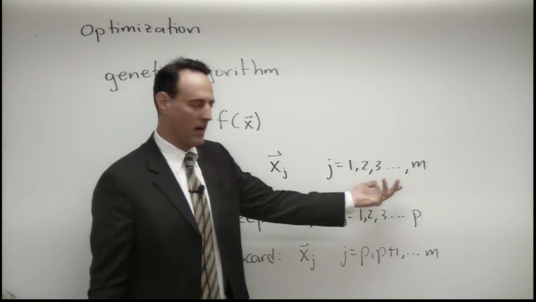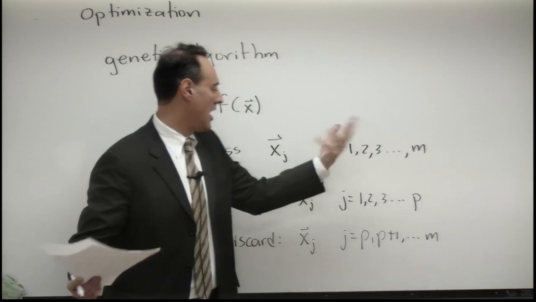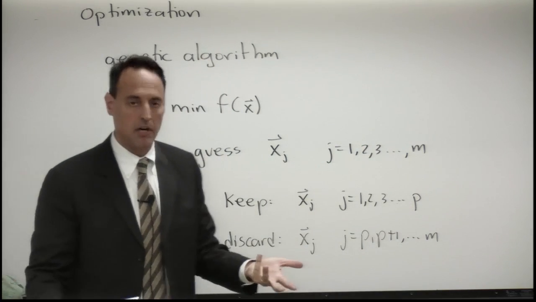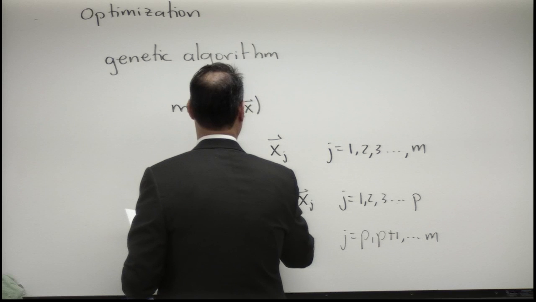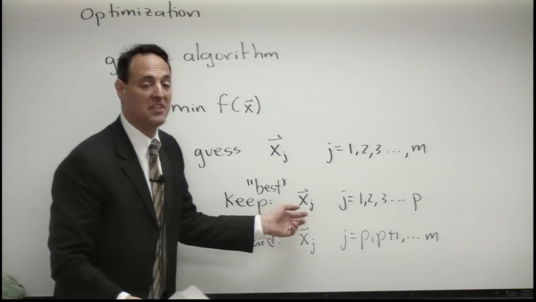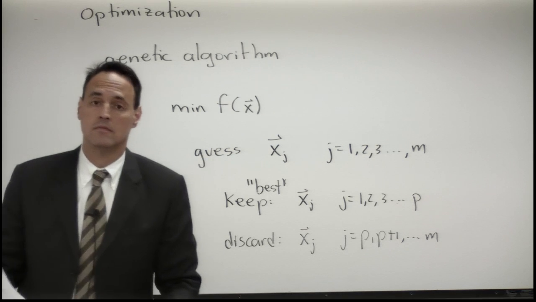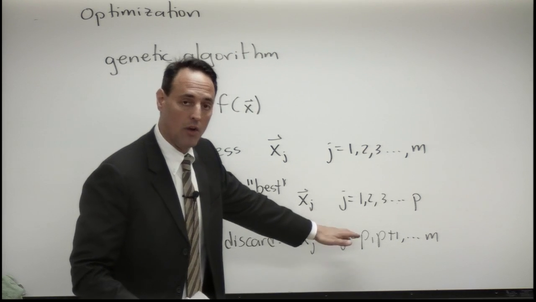So suppose I take 100 guesses. I look at my objective function, and I'm going to keep, let's say, the best 10 of them, and throw away all other 90.